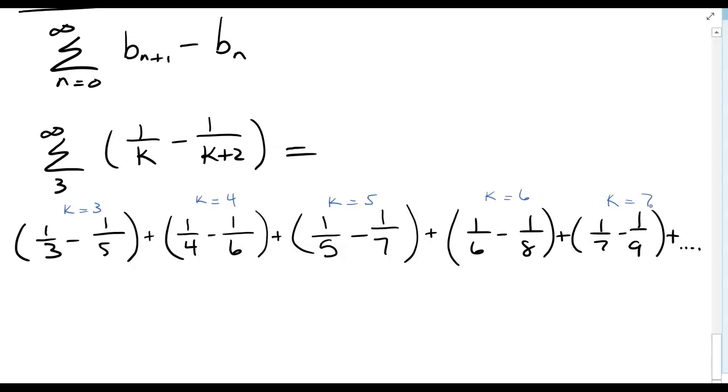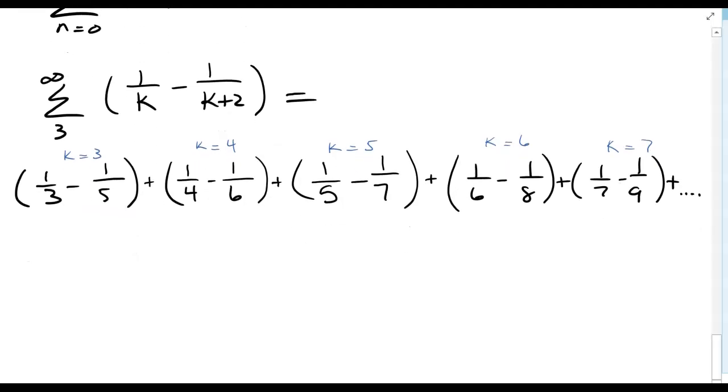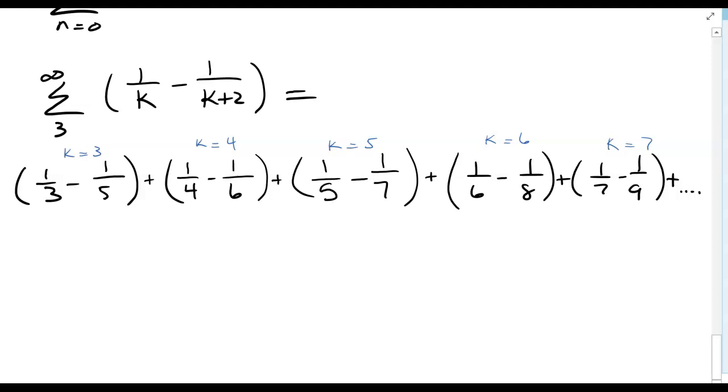And I'm hoping you're starting to see what's going to happen, but let's put some general terms in. What I mean by that is we're just going to put some middle terms, just to get a general idea.